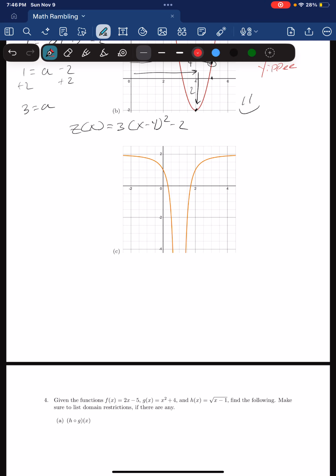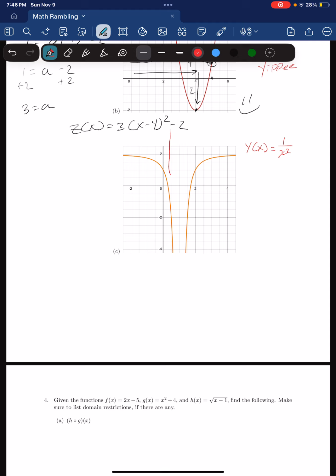Okay. What is our parent function? Our parent function is, oops, that's not right. Our parent function looks like 1 over x squared. So, if we remember, what does 1 over x squared look like normally?